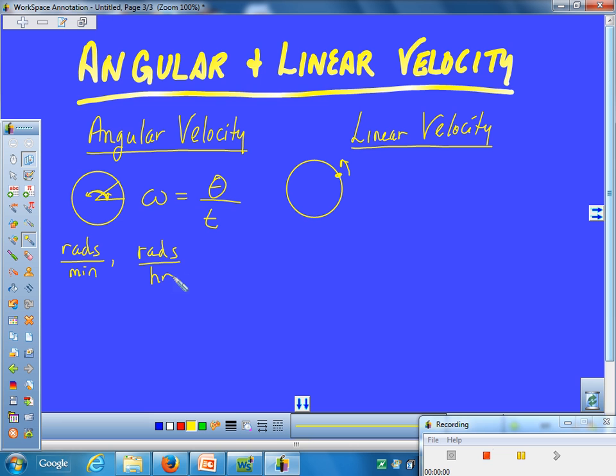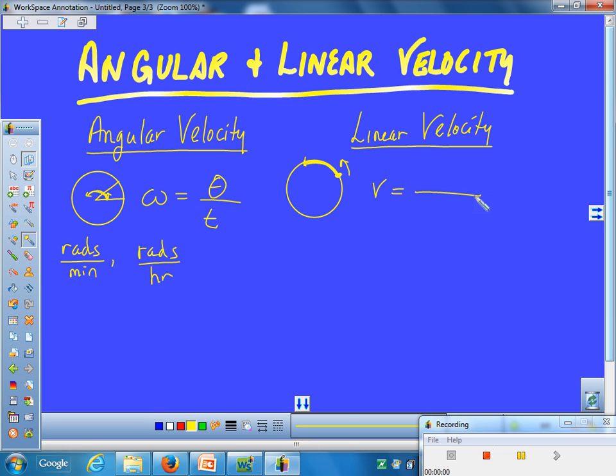Linear, on the other hand, wants to know how fast this outside edge is moving. So if I move from there to there in 2 seconds, what distance did I travel? Isn't that the arc length? Okay, so linear velocity is represented with a small v.